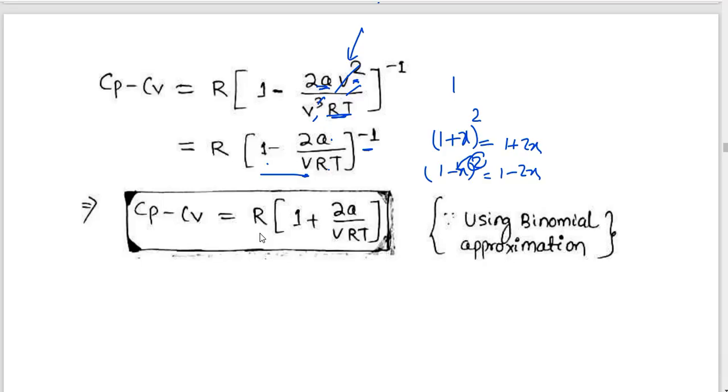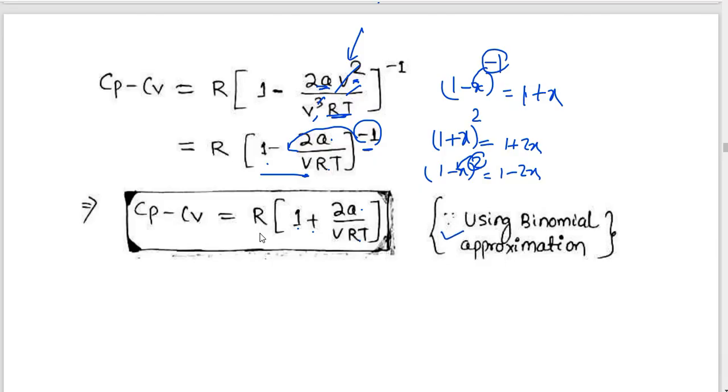Okay, similarly, if we use 1 minus x to the power minus 1, so we can write 1 plus x, because this minus 1 is multiplied with the second part. So what will be the equation? Similarly, this minus 1 is multiplied with here. So what will be? 1 plus 2a by V R T. This is the binomial expansion approximation.